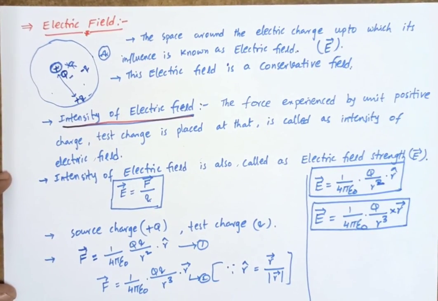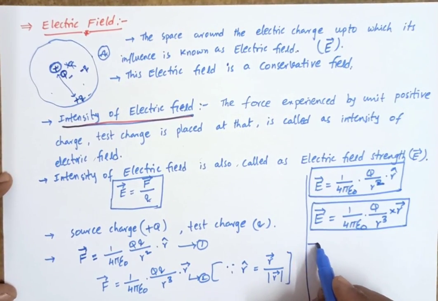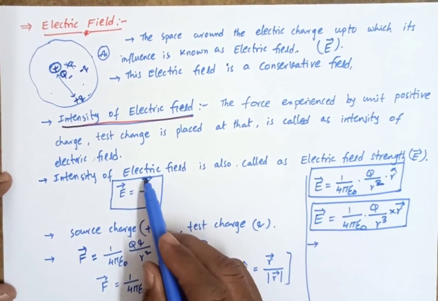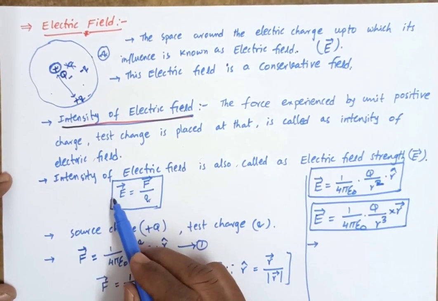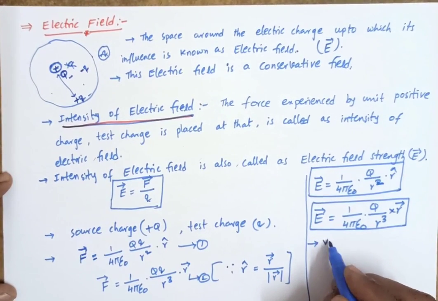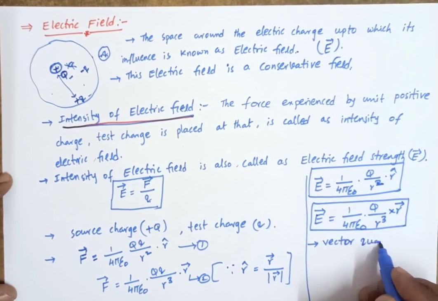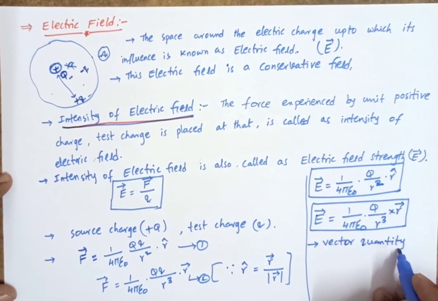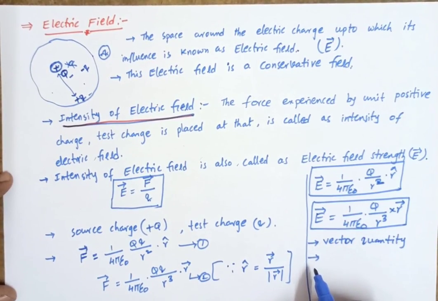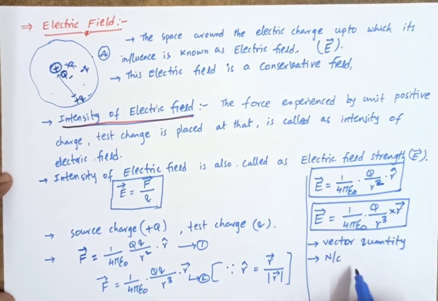The electric field strength is a vector quantity, because force is a vector quantity. Next, units. The SI unit for electric field strength is Newton per coulomb.